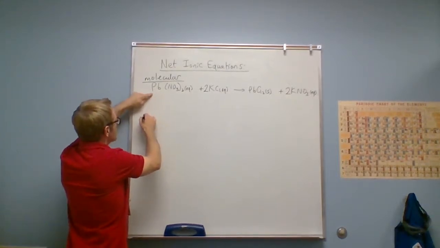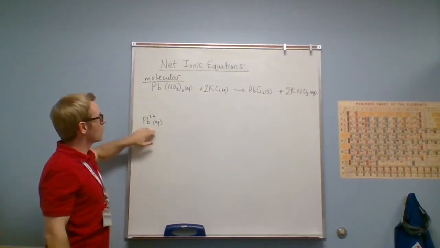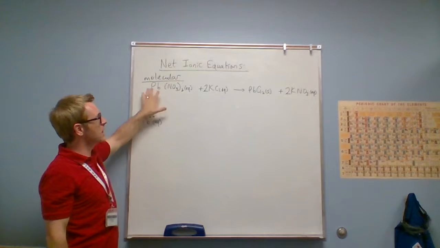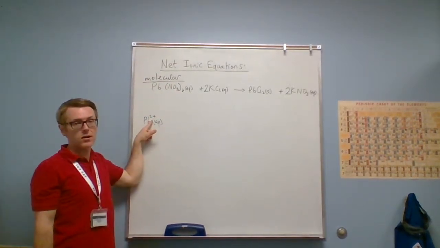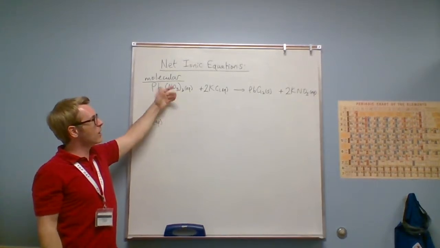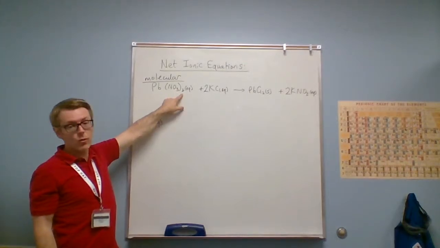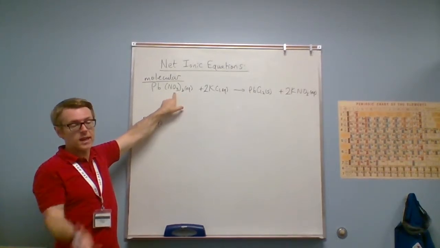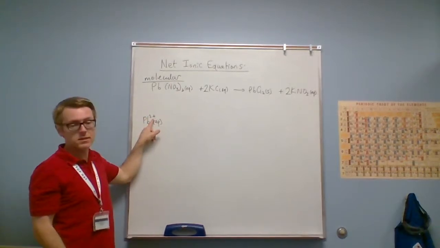So if I write Pb2+ aqueous, that would be the ion in this compound. It's a metal, so it's going to take a plus charge. And I know it's plus 2 because I've learned that nitrate has a -1 charge, and I have 2 of them. So to counterbalance the 2 negative charges, I need a plus 2 charge.